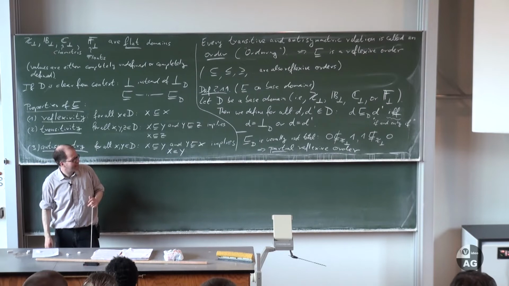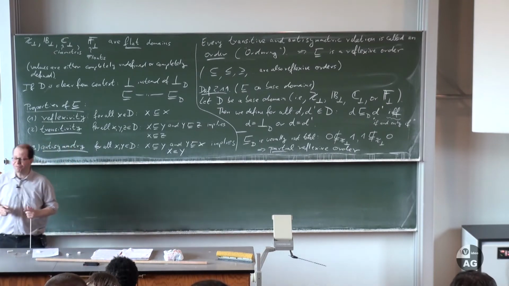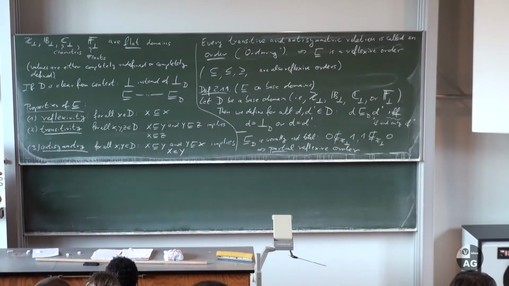But in the end, we will use this definition of less defined or equal to determine the semantics. And this will become crucial as soon as we have recursively defined functions. Then we will build a chain of approximations to the semantics, and things will get more and more defined.